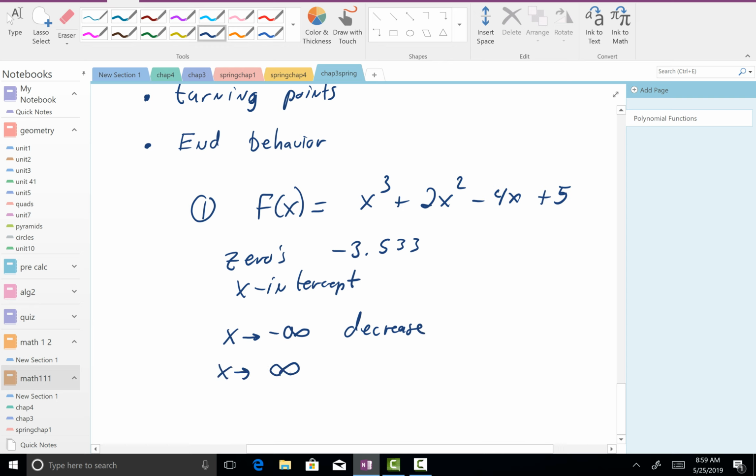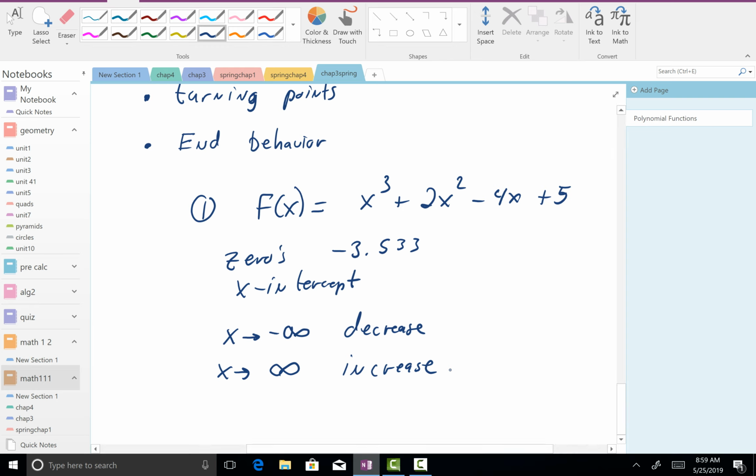Turning points. So what I'm going to do is go into here, and I'm going to graph it, and we'll talk about turning points here. I'm going to type it in. Y equals x to the 3rd. Are those the local mins and maximums?